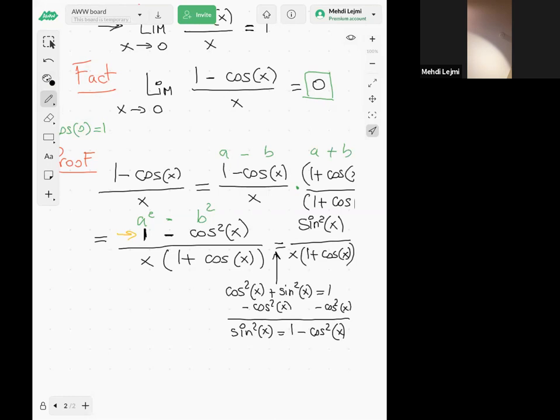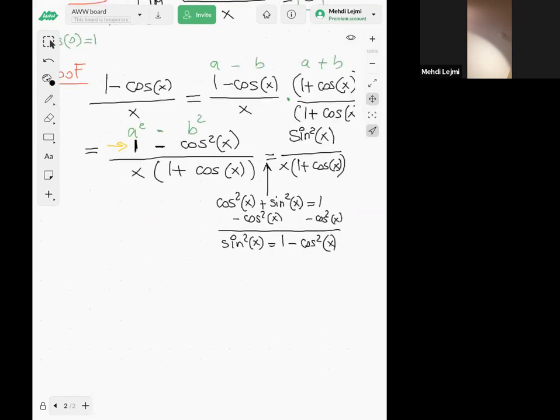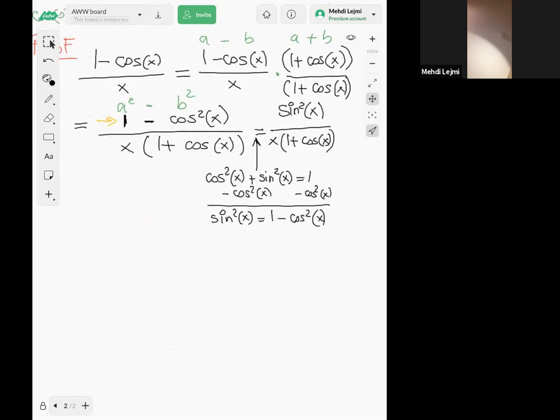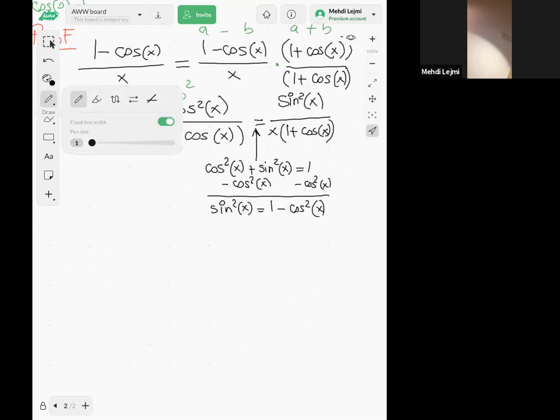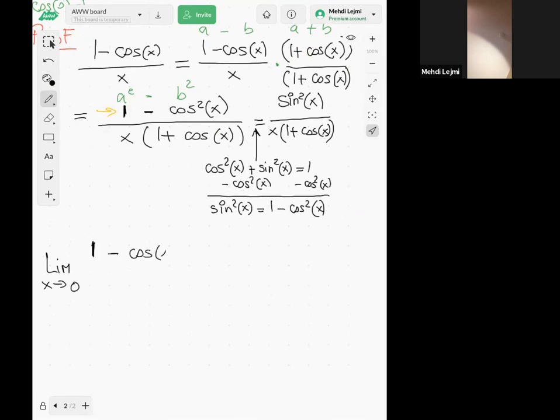Because now, I want to compute the limit, x going to 0, of 1 minus cosine of x over x. We just proved that 1 minus cosine of x over x is the same as sine squared over x times 1 plus cosine.